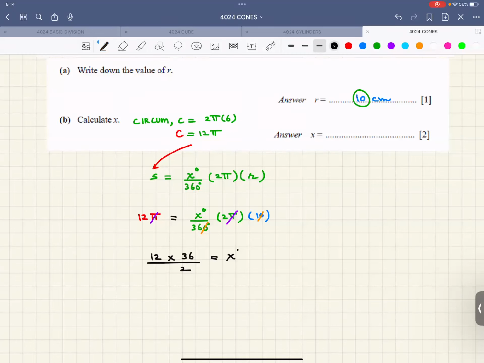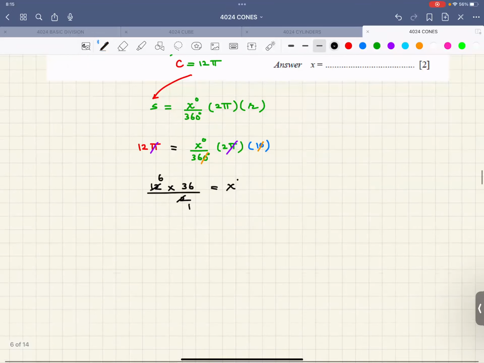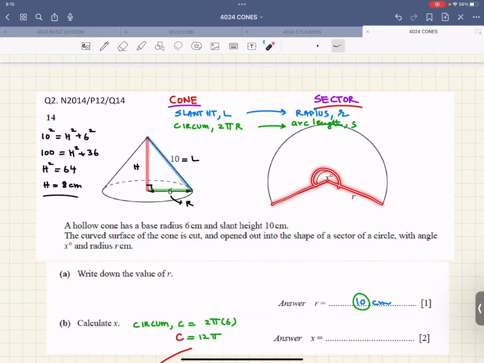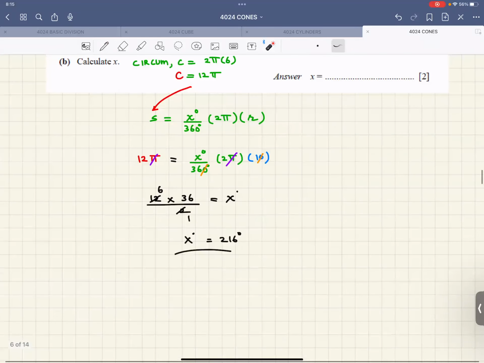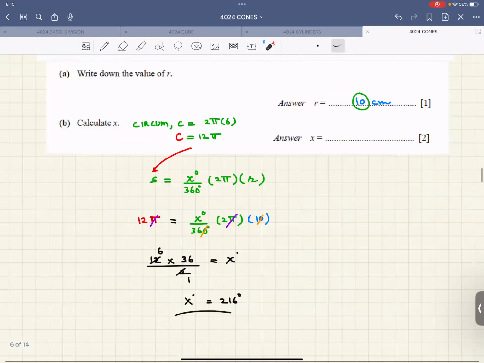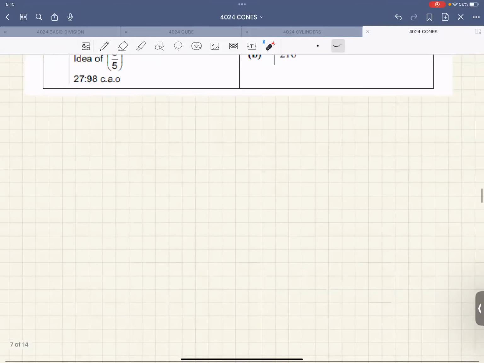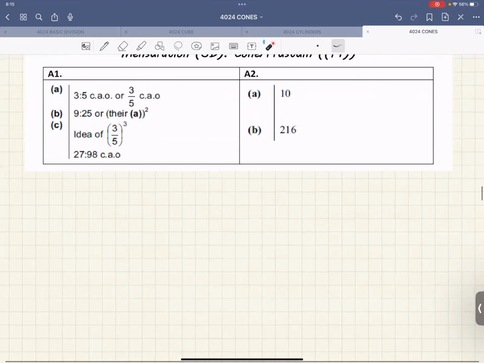So 2 ones are 2, 6 twos are 12, and 6 into 36, x comes out to be 216 degrees. That is the answer. It makes perfect sense. Why? Because this angle is a reflex angle, and reflex angles are between 180 and 360. So this answer makes sense. Now, there it is, 216.